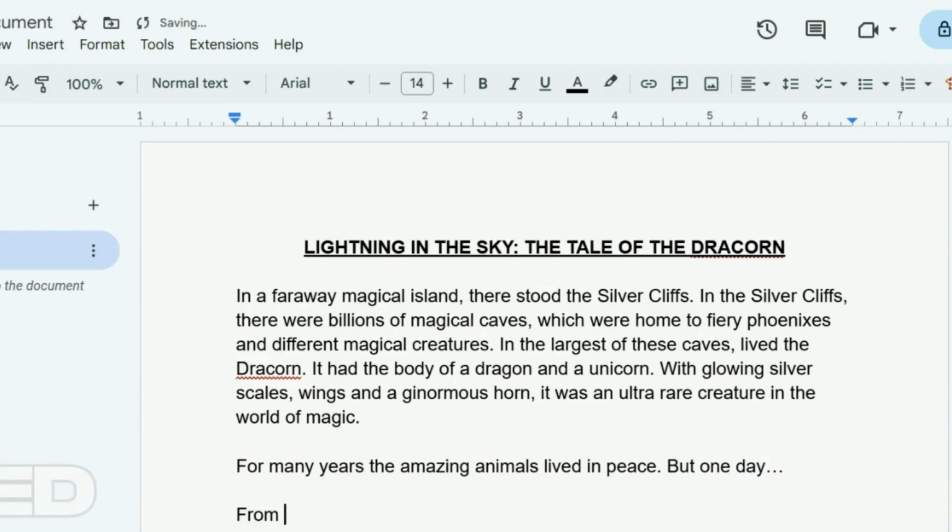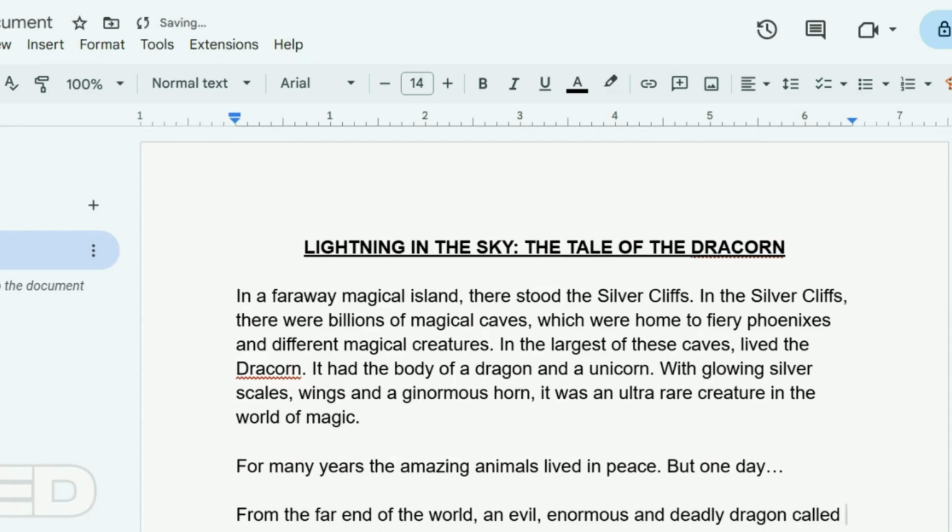Okay. So now let's describe Storm. From the far end of the world, an evil dragon called Storm attacked Silver Cliffs. We should put this in capital. Evil means very nasty, enormous, and deadly.